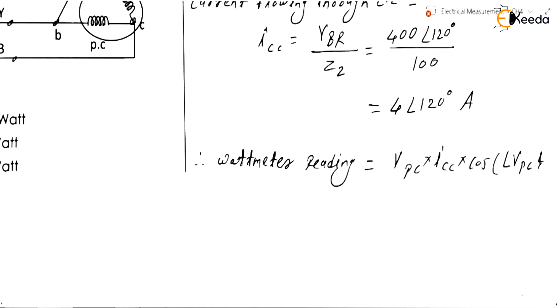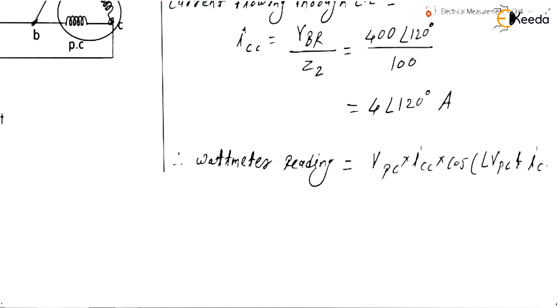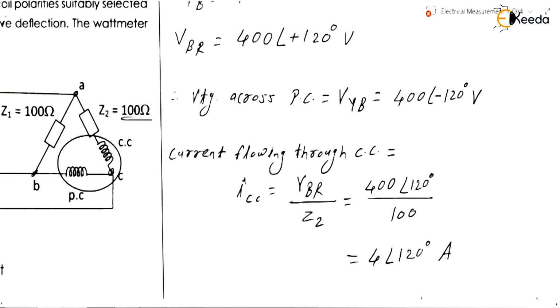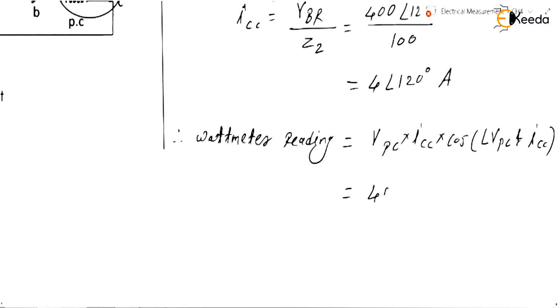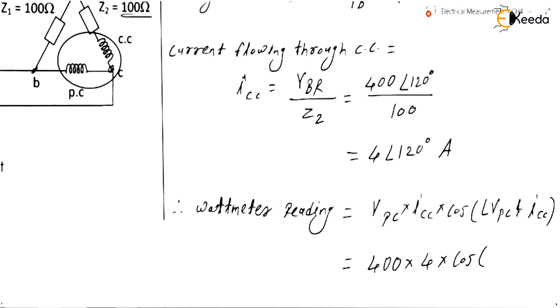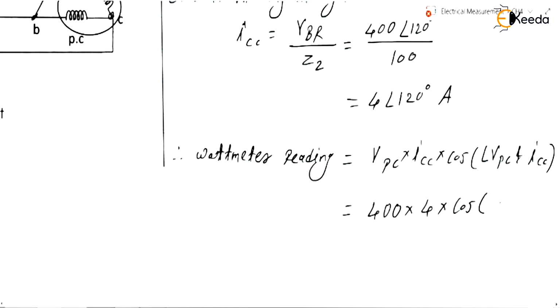VPC is the voltage across the potential coil, equal to VYB, that is 400. I am considering the magnitude, 400, because we have already considered the angle. Into 4 into cos of the angle between the two: one is minus 120 and the second is plus 120, so it is 240 degree. So it is 400 into 4 into cos of 240, so it is 800 watts. Actually it shows minus 800.